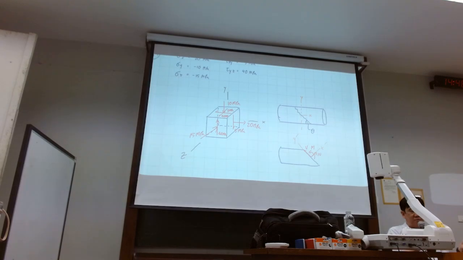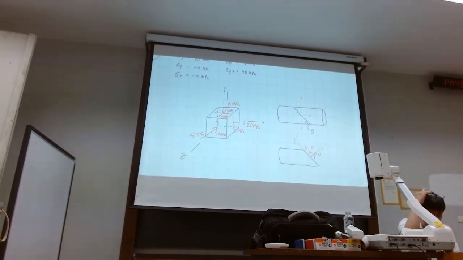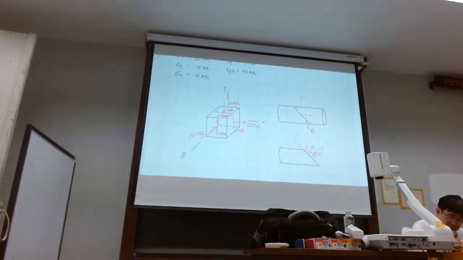And once you do all of that, you will be able to get the stress element on that new surface. But the thing is, this is going to be too difficult. That means each time you do the analysis, you have to do a virtual cut again and again. So rather than doing those virtual cuts, we're going to be looking at this small element.